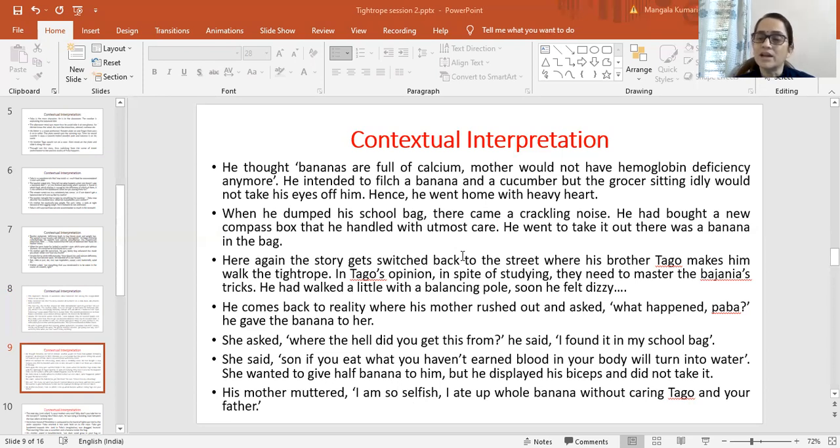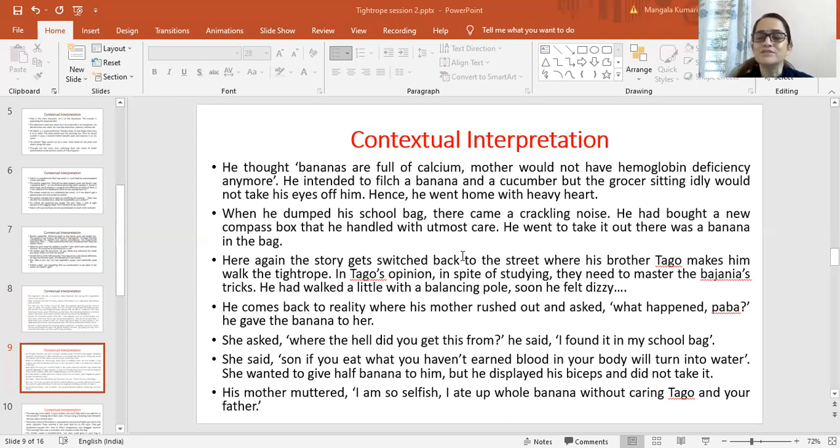He goes home heavy-heartedly and dumps his school bag on the floor. While dumping the school bag, there came a crackling noise out of the bag. Why? Because he had bought a new compass box, a geometry box.